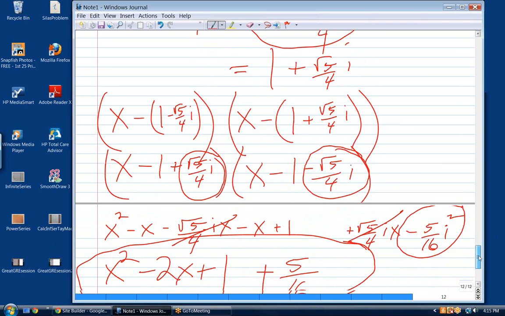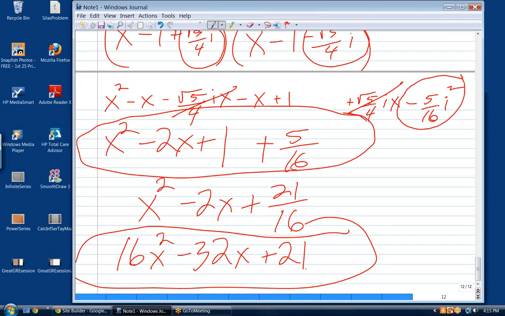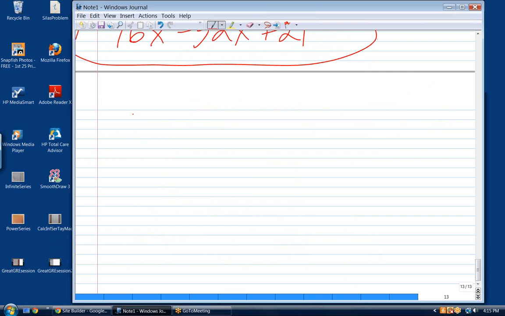Their final answer was 8x squared minus 4x plus 3 is equal to 0. Read it again. 8x squared minus 4x plus 3 is equal to 0.